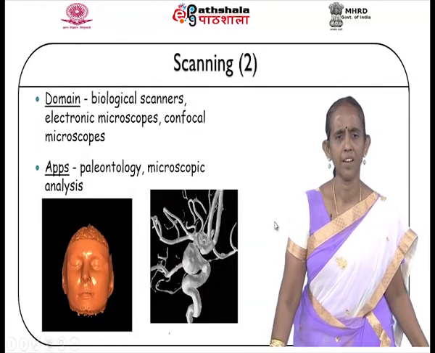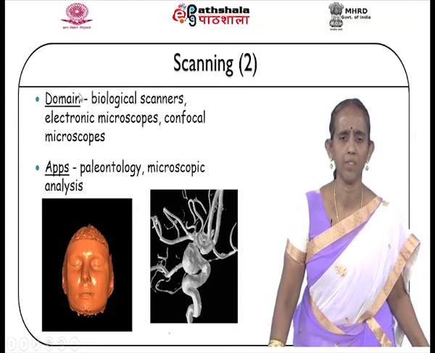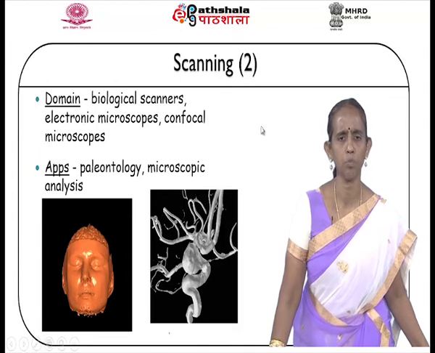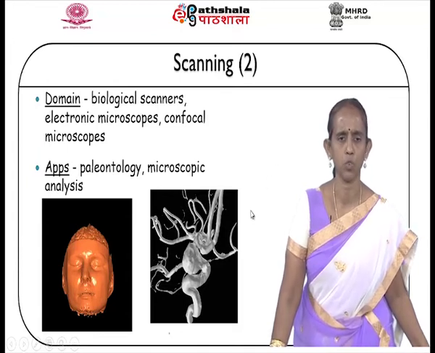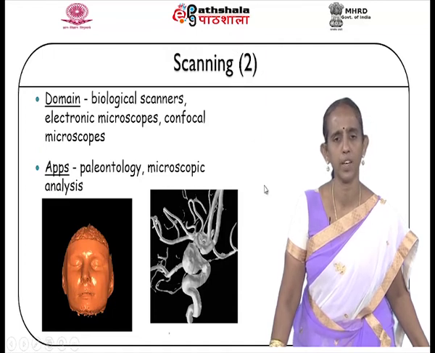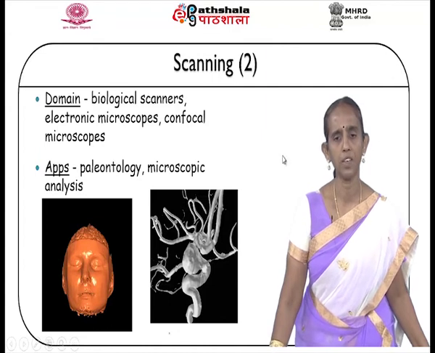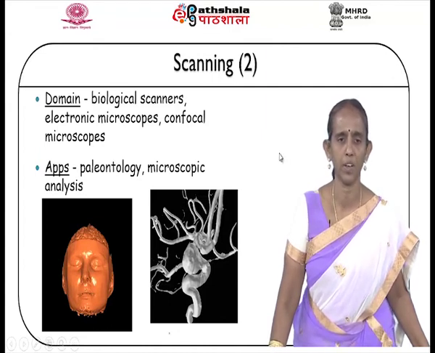Other than this, we have scanning in the domain of biological scanners, electron microscopes, and confocal microscopes. All these are examples of scanning devices which are helpful to understand the inside parts of human beings or some microscopic organisms.